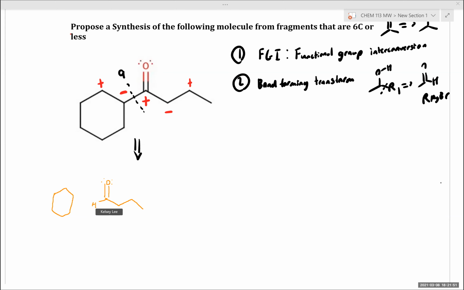Which carbon will be electron rich and which carbon will be electron deficient? So we have a student drawing out an aldehyde, and what's the other proposed fragment? So we have an aldehyde. This is an electron deficient fragment, an electrophilic fragment.